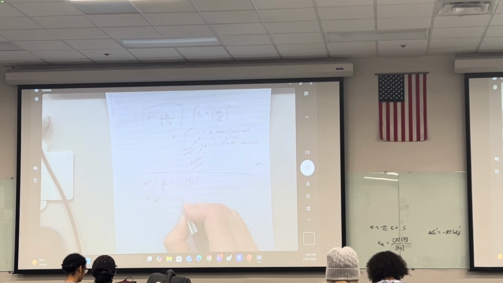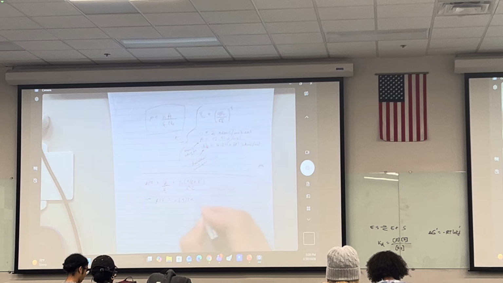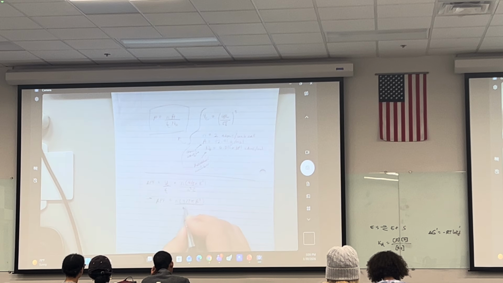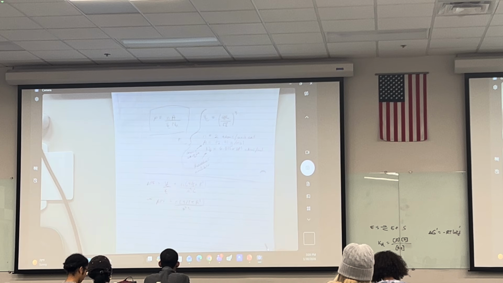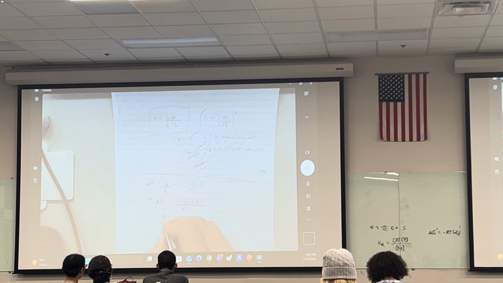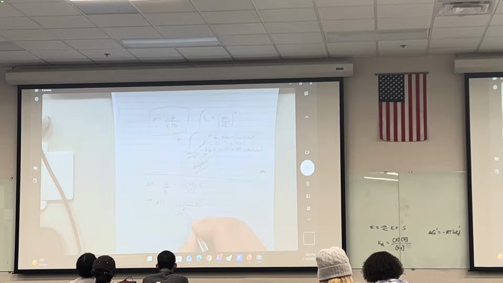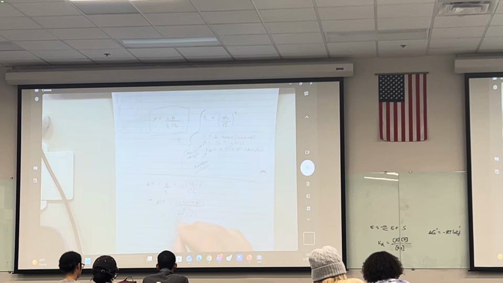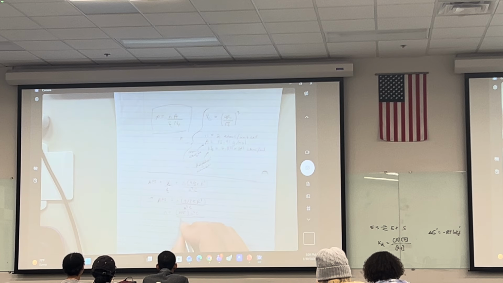Now we have to rearrange this so that we get n. So n is equal to the APF number, and then we multiply that by a squared c divided by 4/3 pi r cubed.